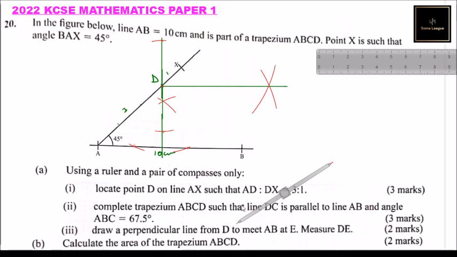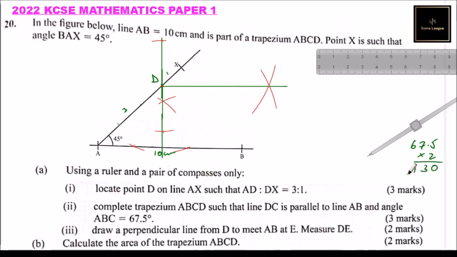To complete that, we need to draw an angle. So complete the trapezium such that line DC is parallel to AB, and the angle ABC is 67.5. So if you multiply 67.5 by 2, you get 135.